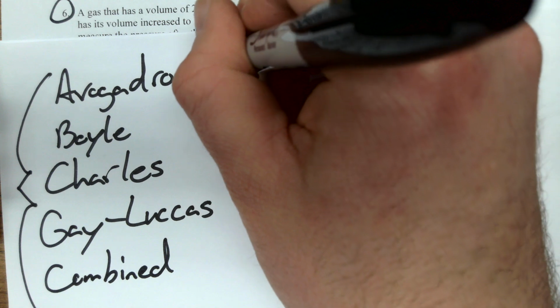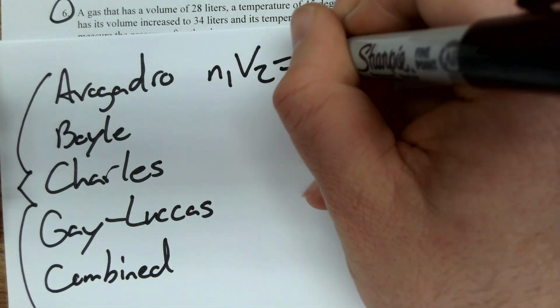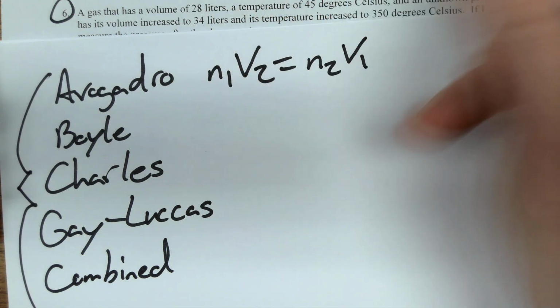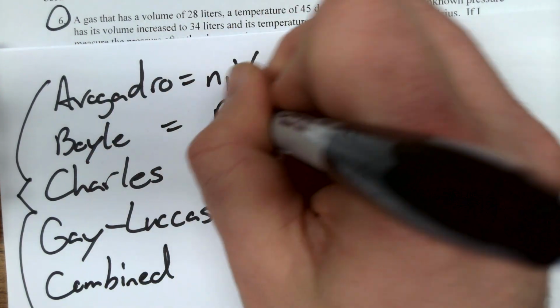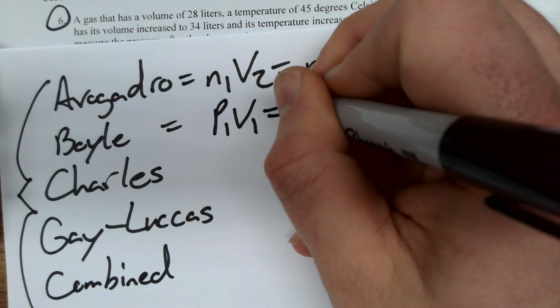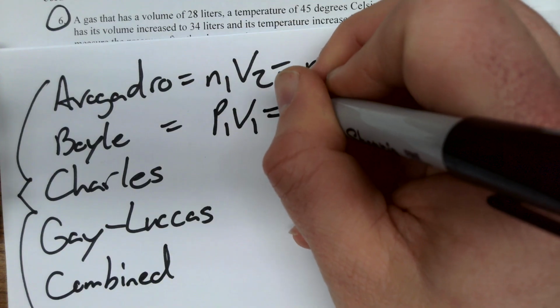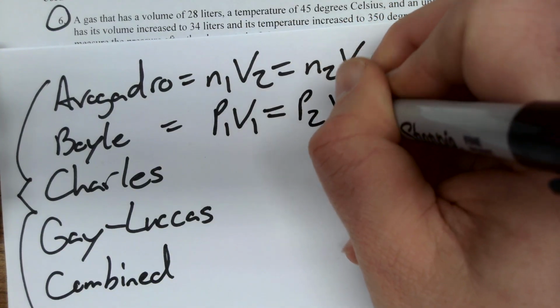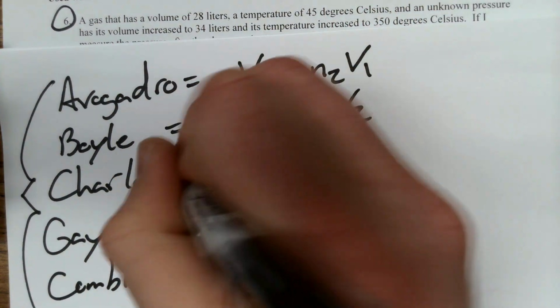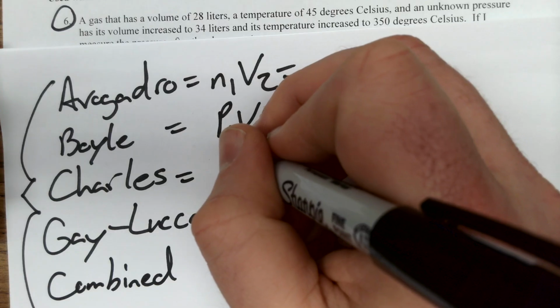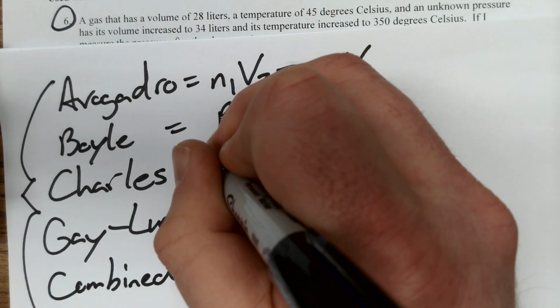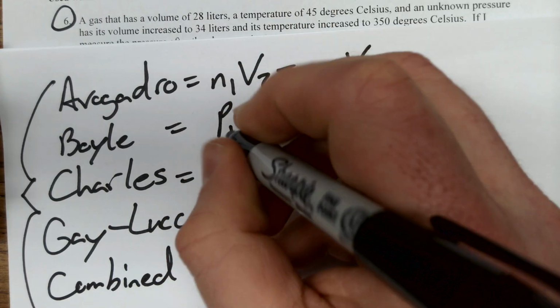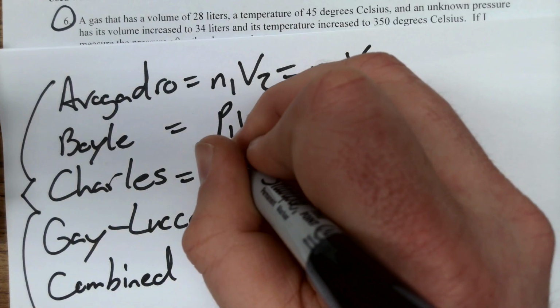So Avogadro, either my moles were changing or my volume was changing. For Boyle, that was my pressure and my volume. Charles, excuse me, that was my volume and my temperature.